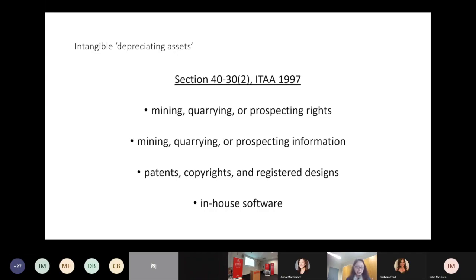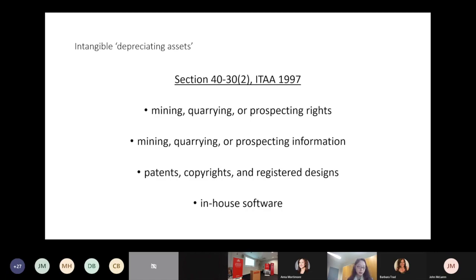Intangible assets are counted only if explicitly specified, like those dot points on the slide, and I've got more in the next slide. Now, these eight categories of depreciable intangible assets are very narrow in scope. You may wonder why those. So I'd like to give a little bit of background of each before we finalize the discussion.